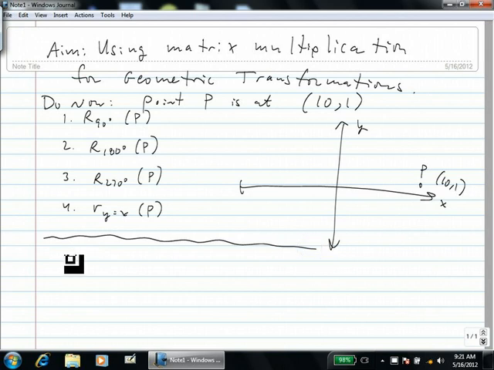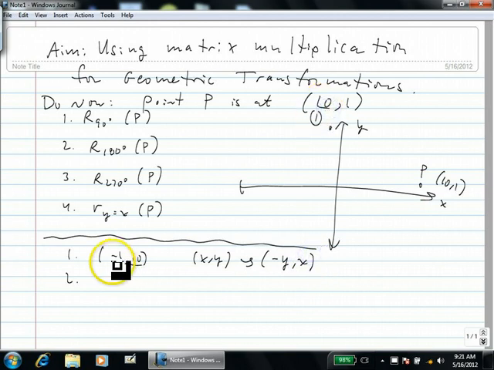Okay. The answers to the four questions. For the 90 degree rotation, it ends up over here, which is at (-1, 10). And in general, if the point was (x, y), it turns into (-y, x). You can see how this 10 matches up with that 10, but this -1 is the negation of the y.